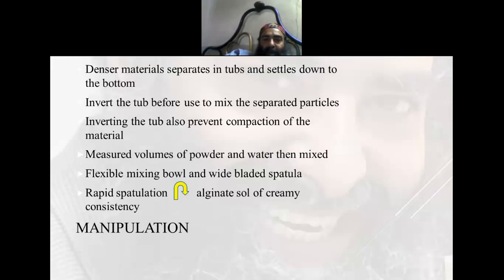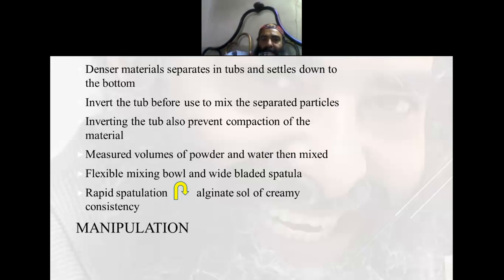Inversion of the tub also prevents compaction of the material, because the material will be in a compact form. When you invert it, it will come back to its original shape. It doesn't matter much, but it is wise to invert the tub for two reasons.